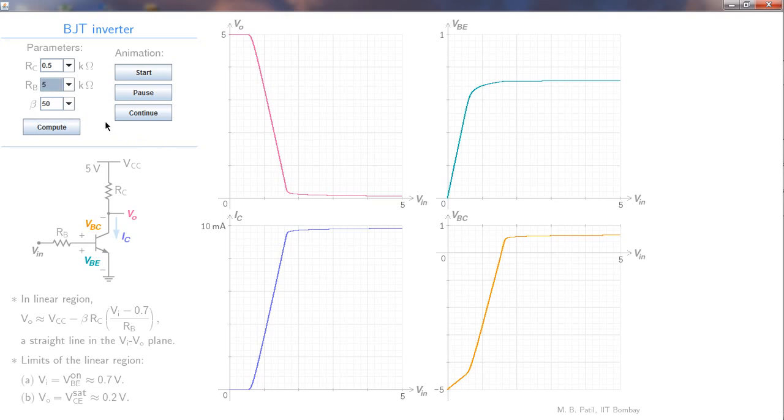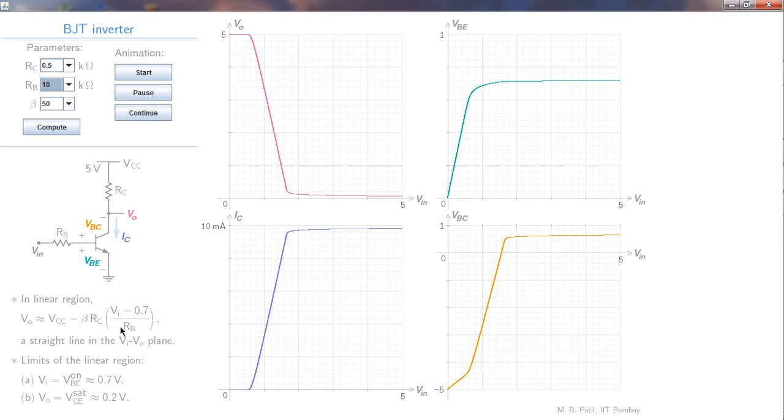Let us now look at the effect of RB. For example, if we change RB from 5K to 10K, what would happen? Let's look at this equation again. The slope depends on RB, beta RC by RB with a minus sign. And if RB is doubled from 5K to 10K, the slope will then become halved.